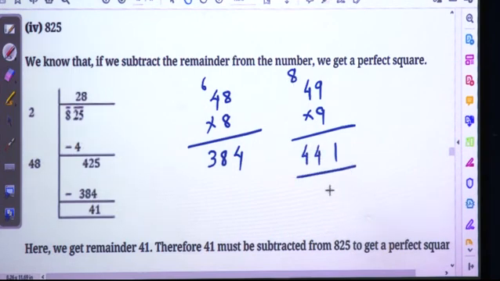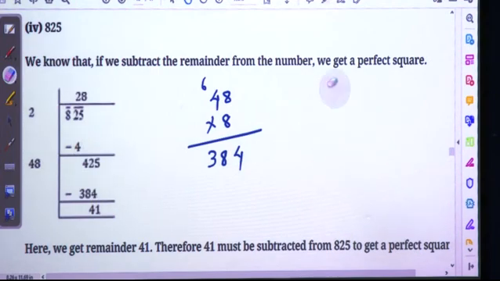It becomes 441, which is greater than 425. So we are not considering the digit 9 to be attached here. It is 8 that is attached. So 48 times 8 is 384, and the remainder is 41.